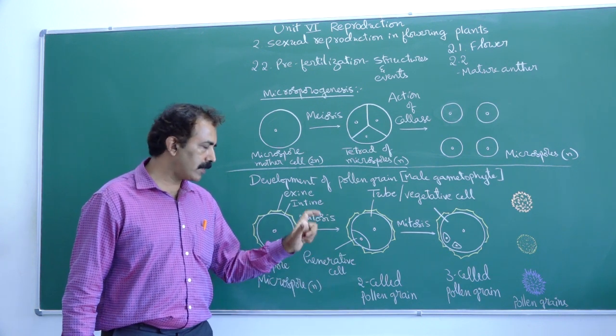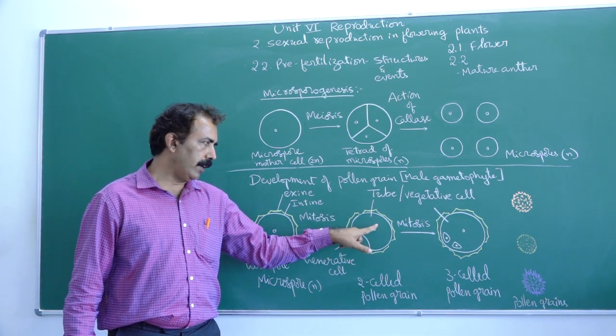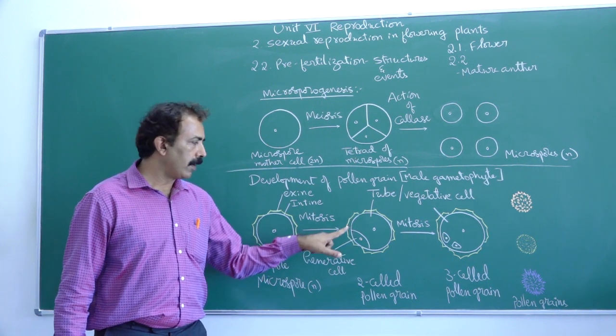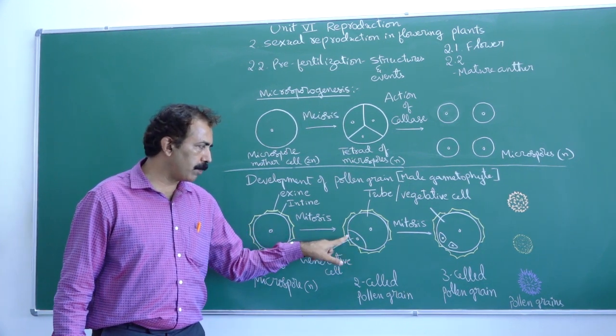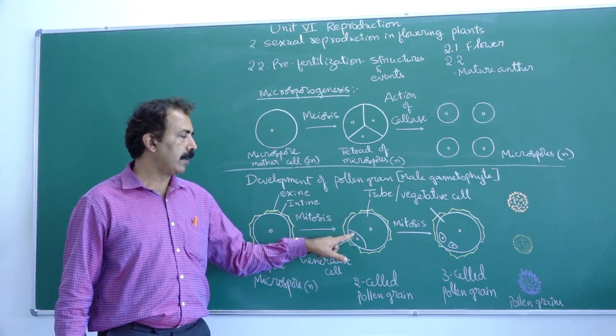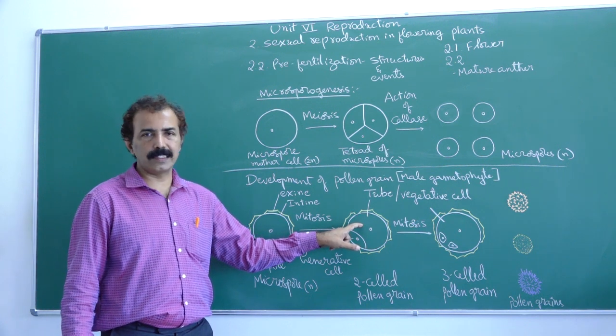You notice one interesting thing here, that even though the nuclear divisions are equal, the cytoplasmic division is not equal. One cell produces a small cell, we call it a lenticular cell, the other cell is large. So there is a difference in the volume of the cells.